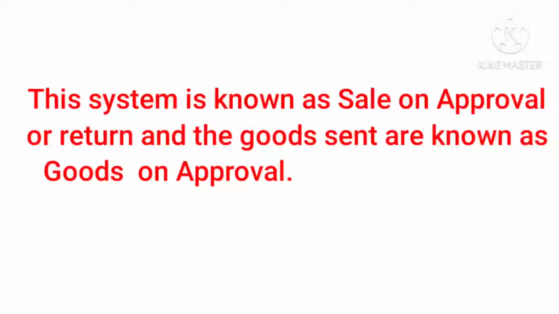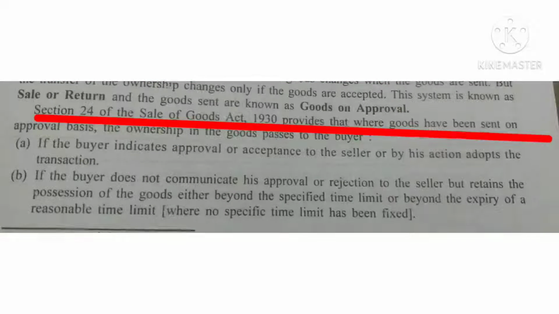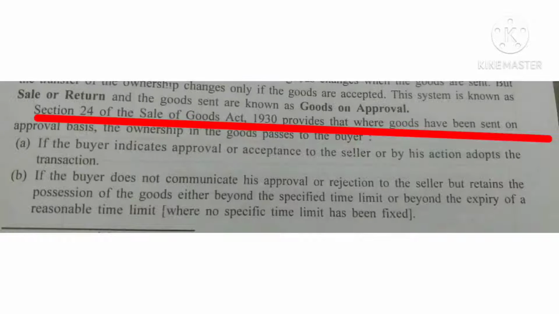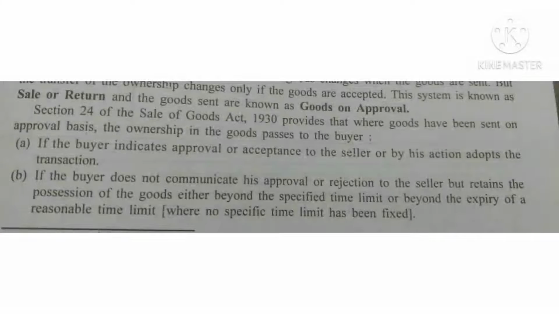Now we see what has been mentioned in the Sale of Goods Act 1930. Section 24 of the Sale of Goods Act 1930 provides that where goods have been sent on approval basis, the ownership in the goods passes to the buyer: A, if the buyer indicates approval or acceptance to the seller, or by his action adopts the transaction.